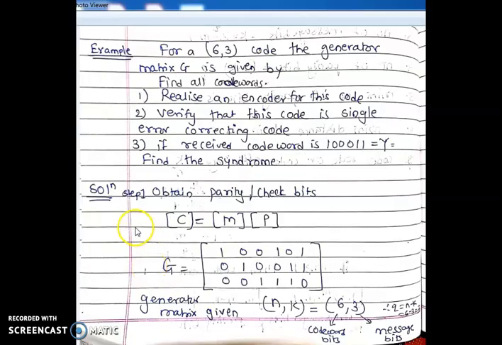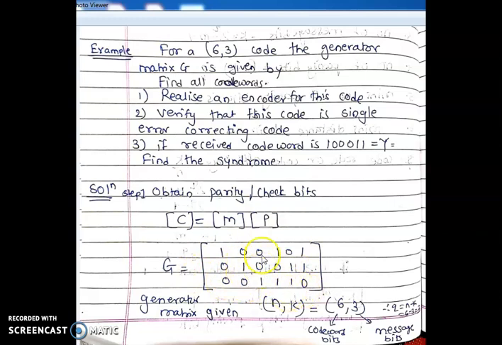Let's start the solution. As given in the numerical, we have the linear block code of (6,3). To obtain the parity or check bits, the check bit matrix is given as the message matrix times the parity matrix. The generator matrix given in the numerical is 100101, 010011, 001110.